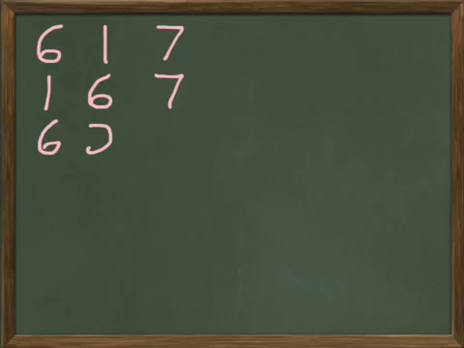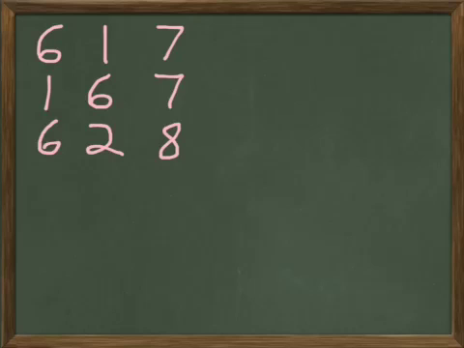So the first one we're going to do is 6 and 1 are 7. And then we're just going to flip that around and say 1 and 6 are also 7. And then 6 and 2 are 8.